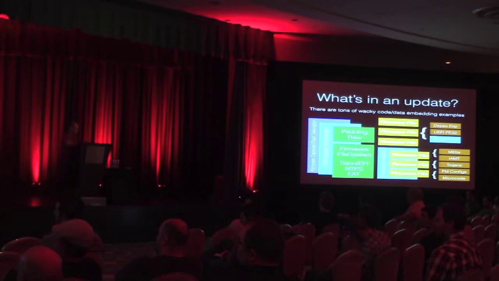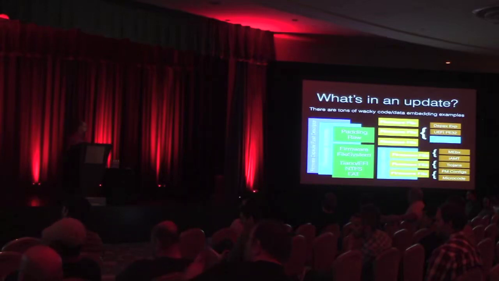EFI has its own compression mechanism, which is actually 2 versions, and the bit that's supposed to tell you what version it is isn't always the same. It's pretty much just Huffman encoding. And then inside those files, you get paddings, you get Intel's MEBx, you can get IMT drivers, Trojans, power management configurations, microcode for the CPU, or just general purpose UEFI applications and other crap.